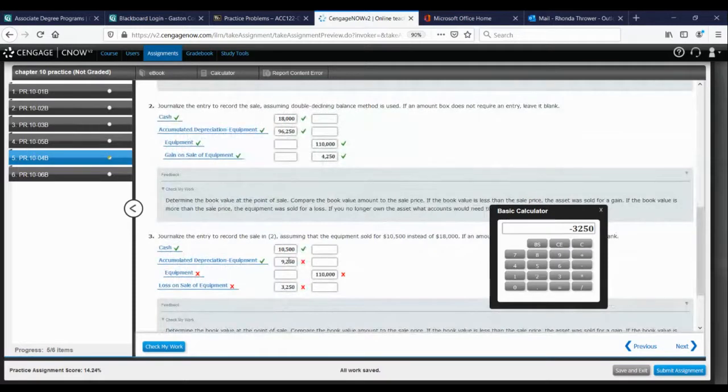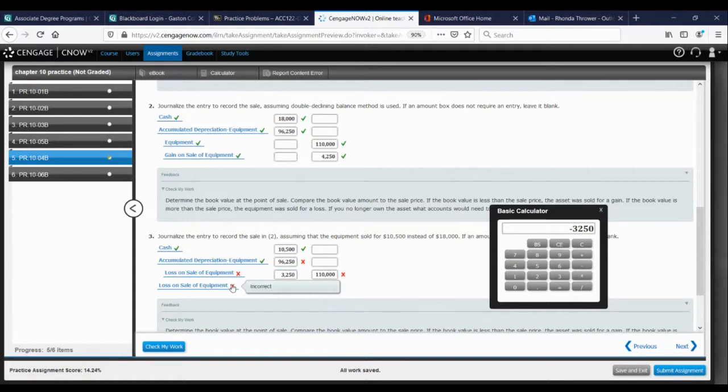So I just wrote that down wrong. And it doesn't like the order that I have these in, because technically we should always put our debits first. So the loss on the sale of equipment would go here instead of equipment. And the loss on the sale of equipment was calculated at 32.50.